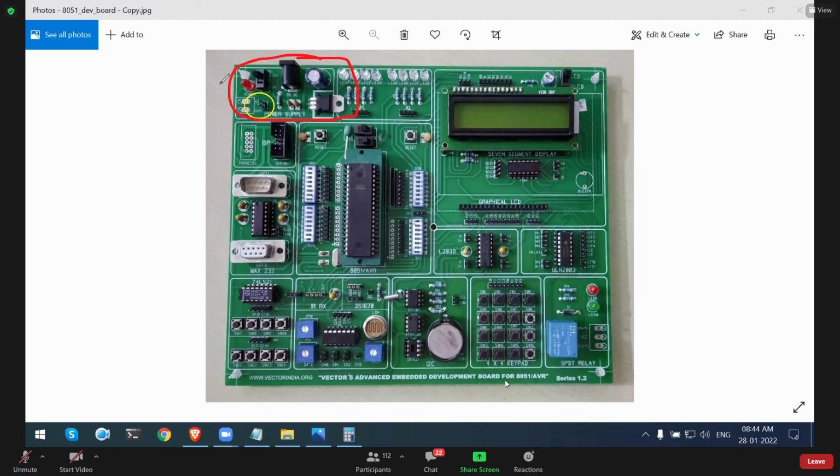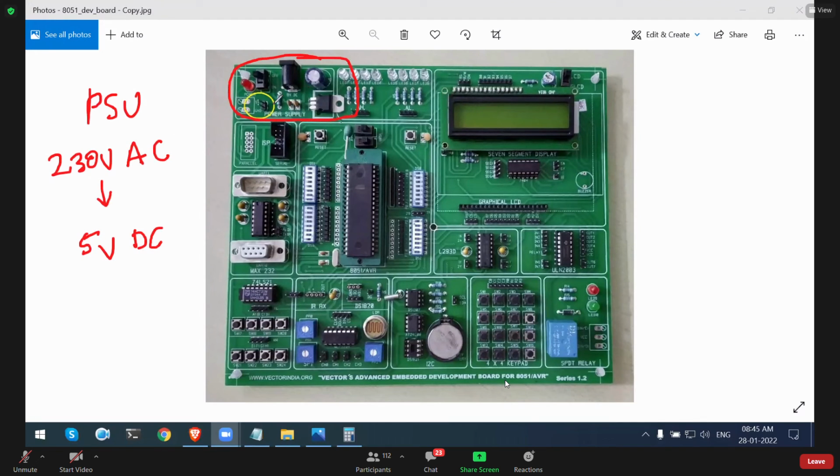Its role is converting 230 volt AC to 5 volt DC. Microcontroller will not work on 230 volt AC, so this conversion is taken care of by the power supply unit.